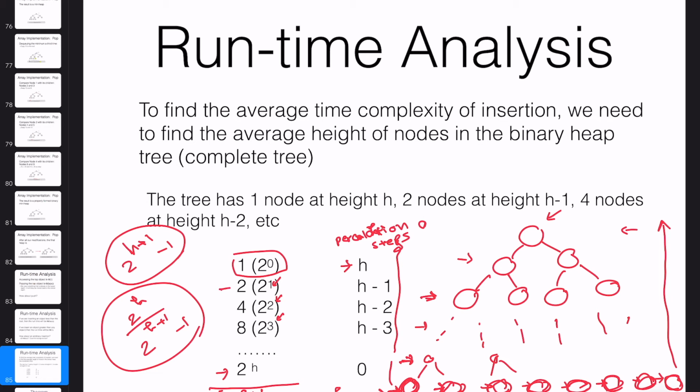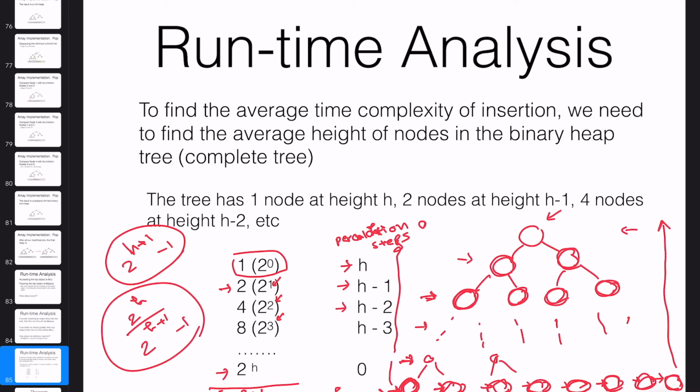But for 2 items, if you insert something like this node or this node, the number of percolations is going to be h minus 1. If you insert some item like the one at this node or this node, you would need h minus 2 percolations.